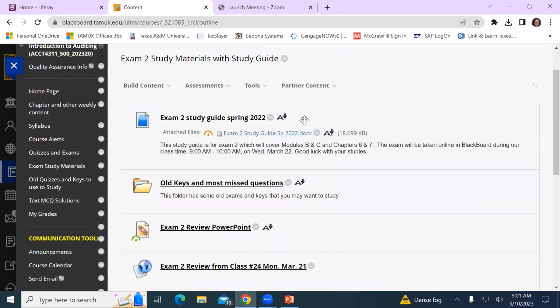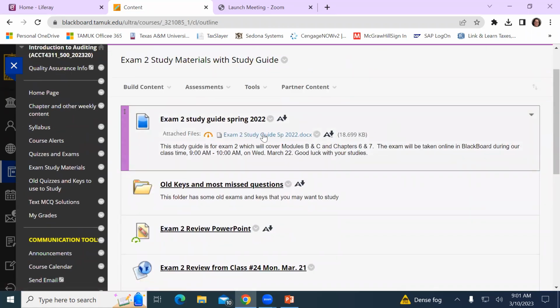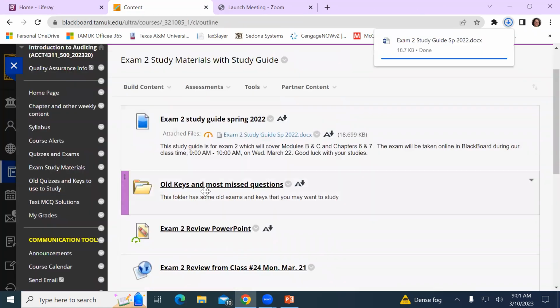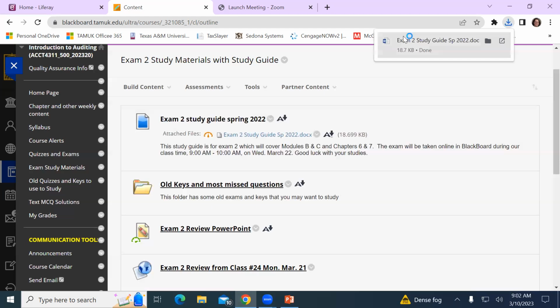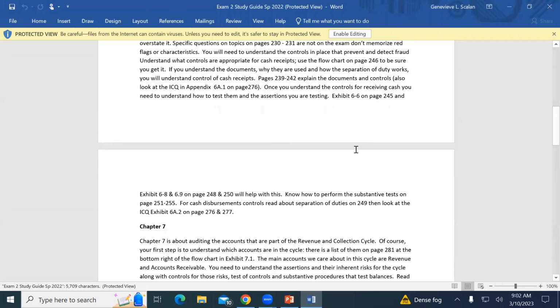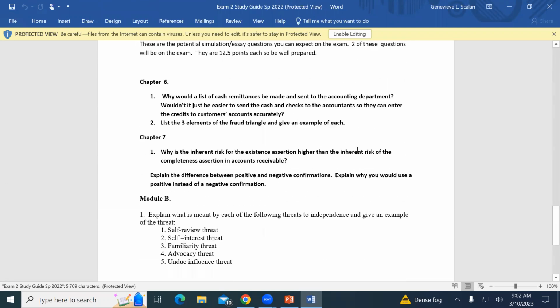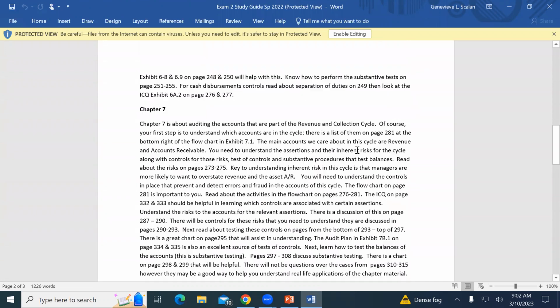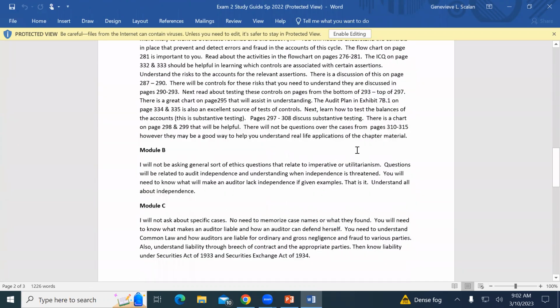You have a lot of study materials you can use. And again, out in the study guide, the actual questions are out there for the essay questions. So I expect decent answers. You have the questions in advance.